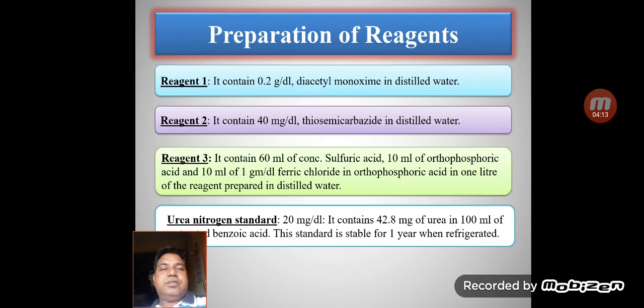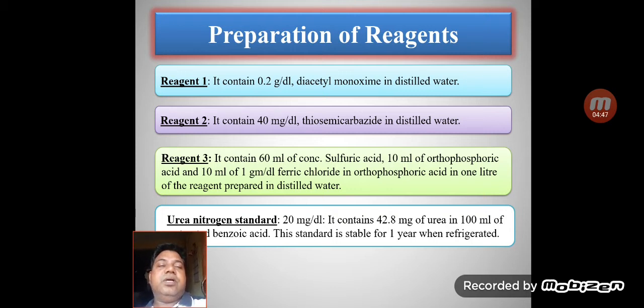If we go through the reagents, reagent 1 contains around 0.2 gram per deciliter of diacetyl monoxide in distilled water. Reagent 2 contains around 40 milligram per deciliter of thiosemicarbazide in distilled water. Reagent 3 contains 60 ml of concentrated sulfuric acid, 10 ml of orthophosphoric acid, and 10 ml of 1 gram per deciliter ferric chloride in orthophosphoric acid, in 1 liter of reagent prepared in distilled water.